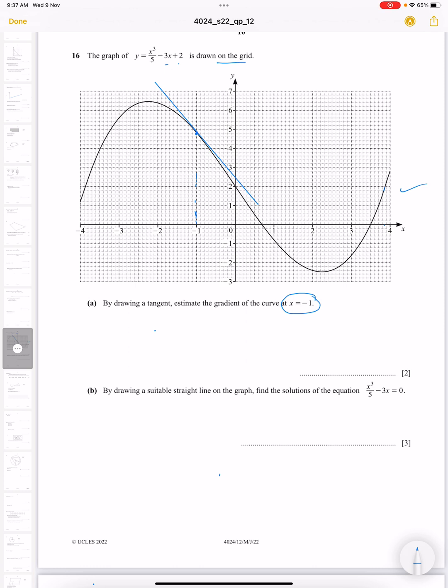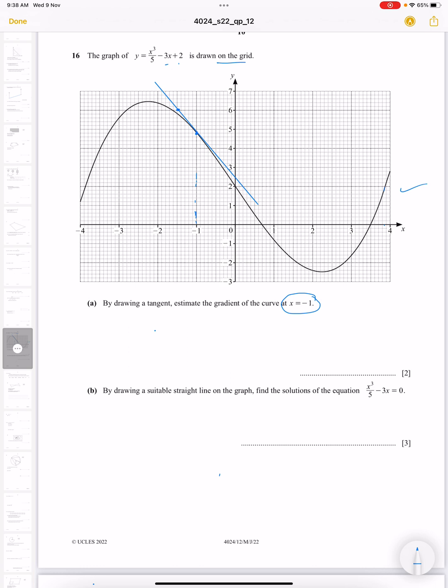In order to find the gradient, we can take any 2 points on this line. As you know, this is paper number 1, so we will try to take those points which do not involve decimal values so that calculations become easier. Let's take this point.